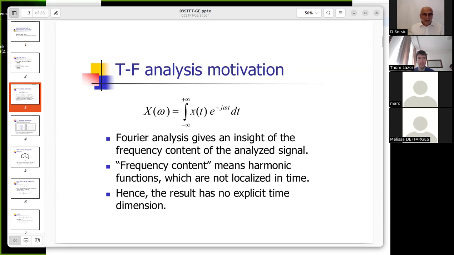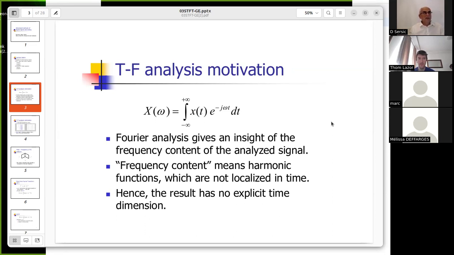Actually, after integrating our signal over t with our comparison function, the time axis disappears from the result, and we have only omega, only frequency content. Of course, time relations are not lost.